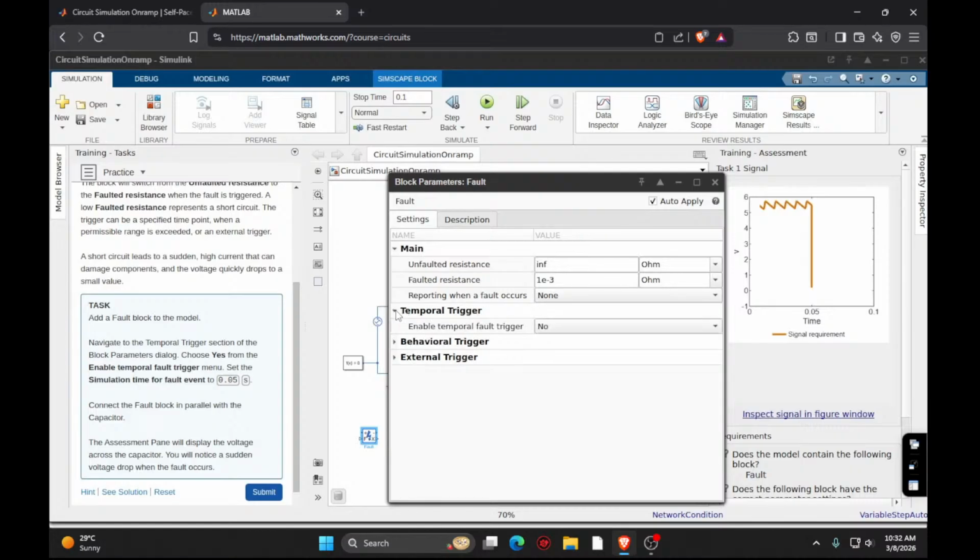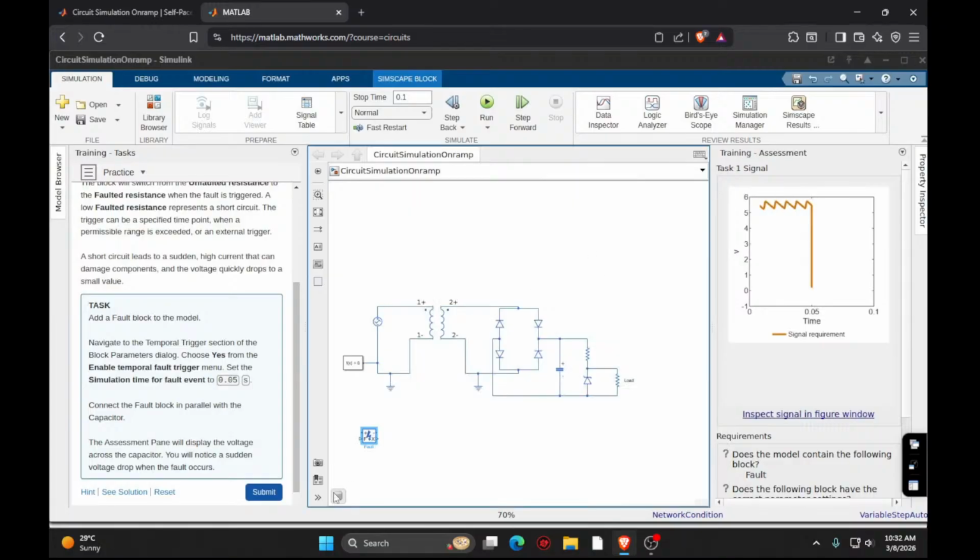Temporal trigger section of the block parameters dialog box. Choose on, yes. Set the simulation time to 0.05 second. Okay.